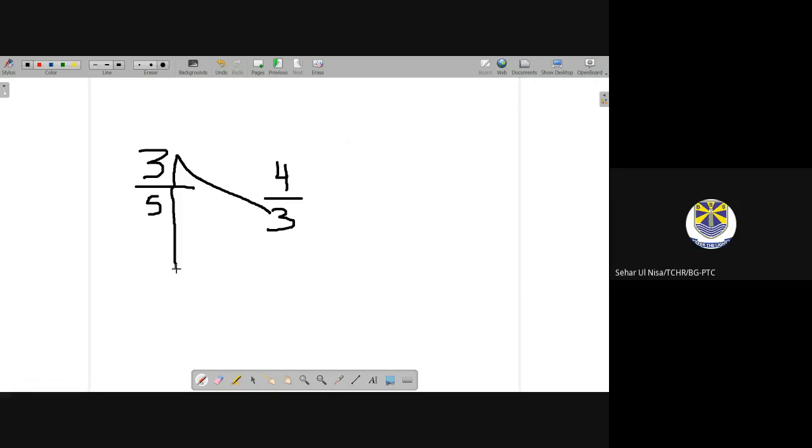I am writing 9 over here. 5 multiplied by 4 will give you 20. I am going to write its answer over here. Now is 20 greater or 9 greater? 20. So I am going to make the greater than sign towards 4 by 3. Is that clear?